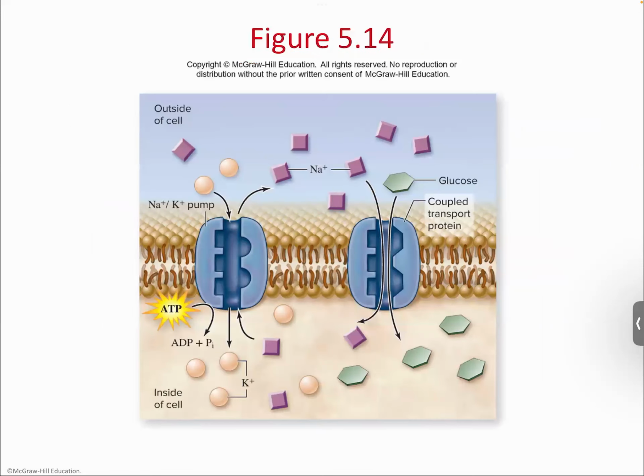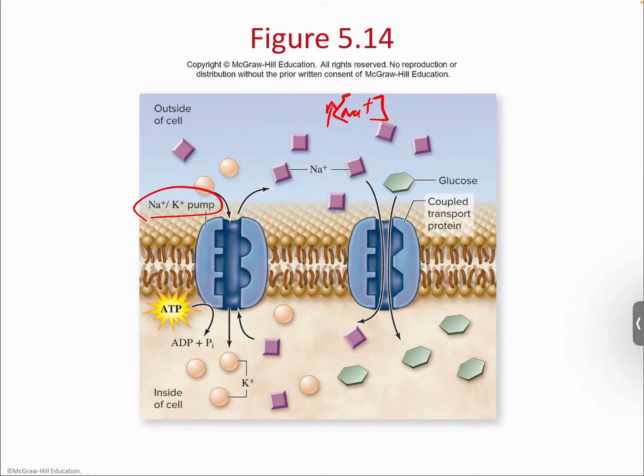All right, so when you take a look at this, here's your sodium potassium pump over here. So you can see you're creating your sodium concentration gradient over here. And when your sodium starts to move inside, it releases a lot of energy.